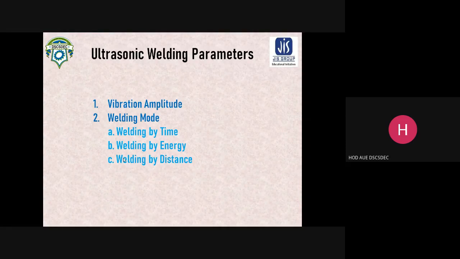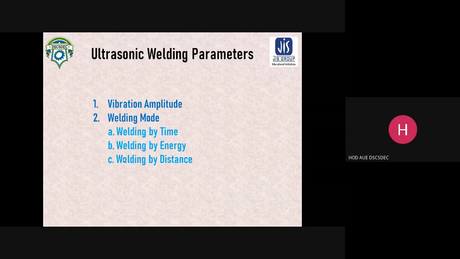Depending on the transfer of this amount of energy. Now coming to the next process, welding by energy. Energy is a function of power and time. In the previous case, welding by time was an open loop process. Welding by energy is a closed loop process, and you can give feedback control.